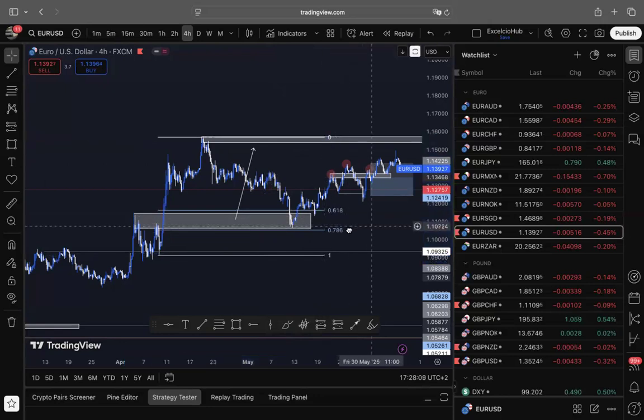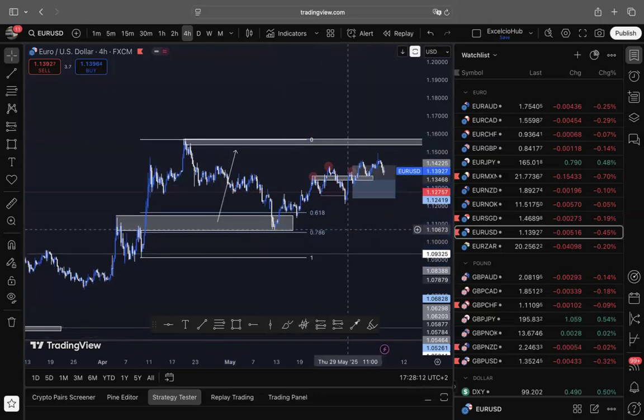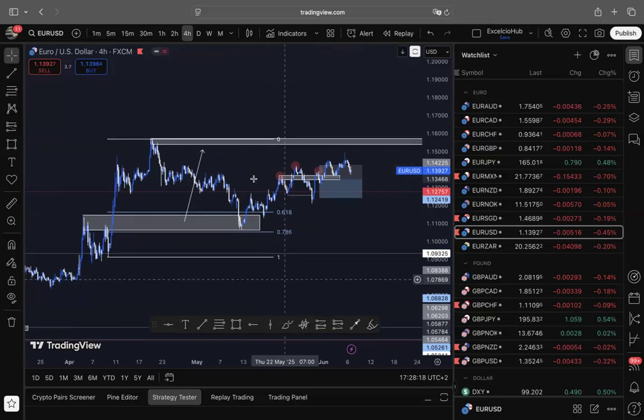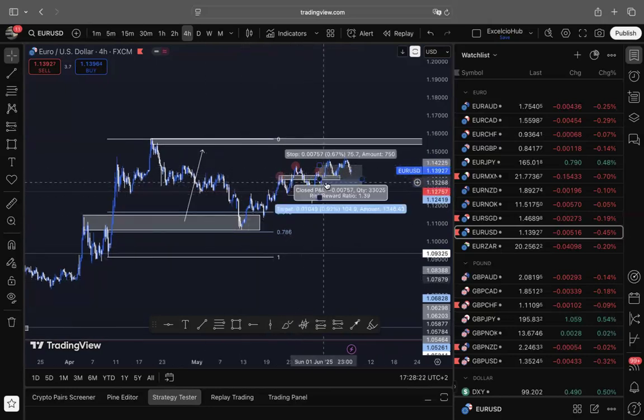So we definitely continued the uptrend narrative, let's say. It was quite aggressive, and now it's still trending higher with a bullish market structure.